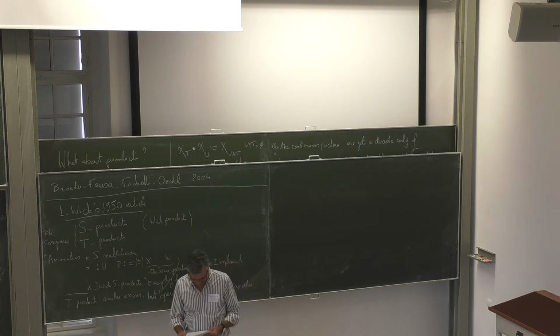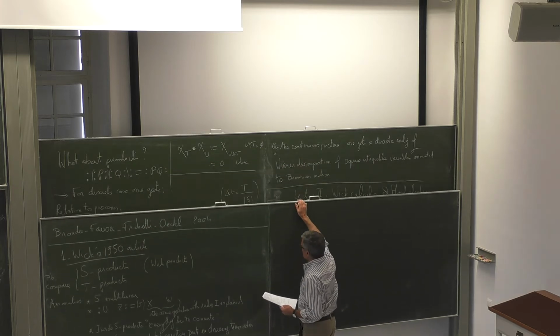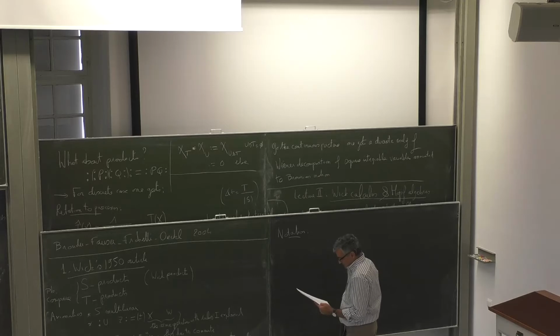Okay, so I'm using Wick's notation. If you're curious to read this paper, I think you should, because it's a very nice and very fundamental paper. So I will use his notation, although it's not perfect from the point of view of algebra. His notation is the following.